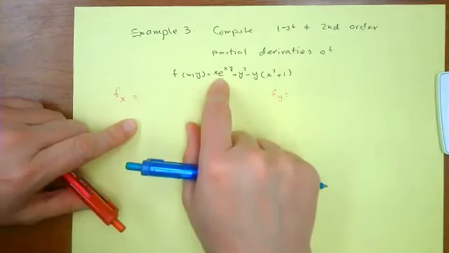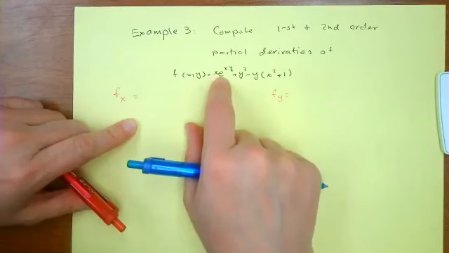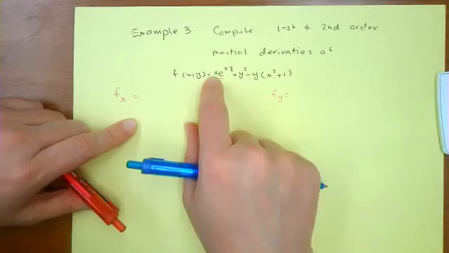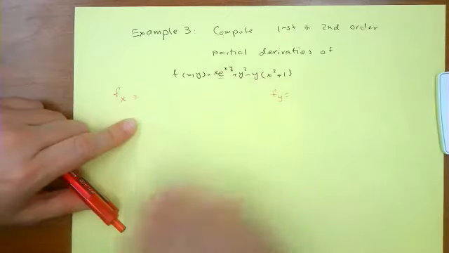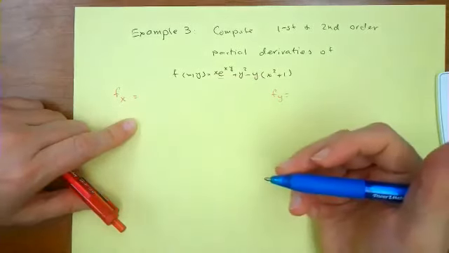And I see that basically it's a product of two factors. The first factor contains x, the second factor contains x, therefore I'm going to use a product rule.